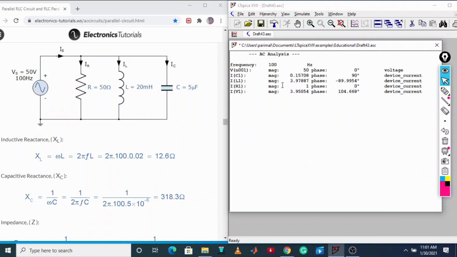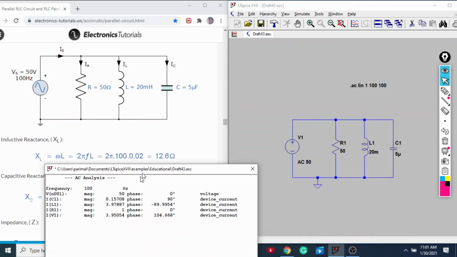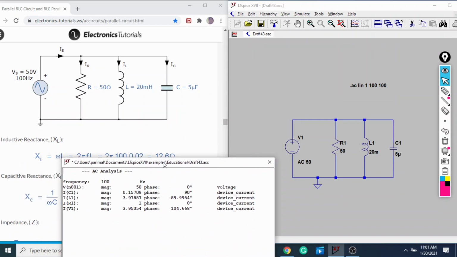Now if you see the voltage, let us analyze first. Now voltage, if I bring it down here, what it is showing is the voltage at the frequency of 100 hertz, and this is the voltage that has been applied over here.